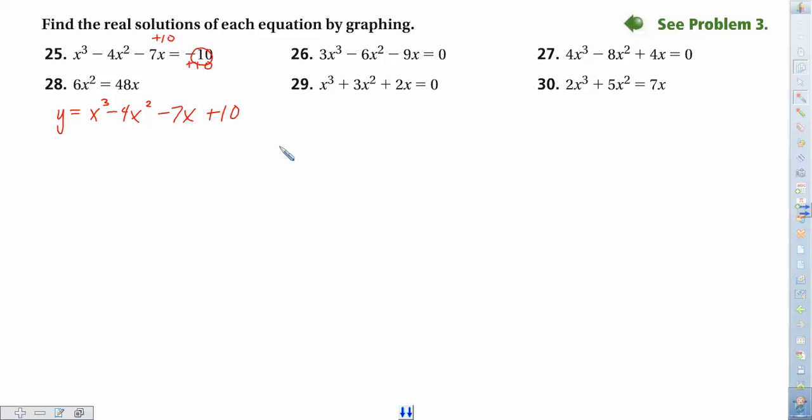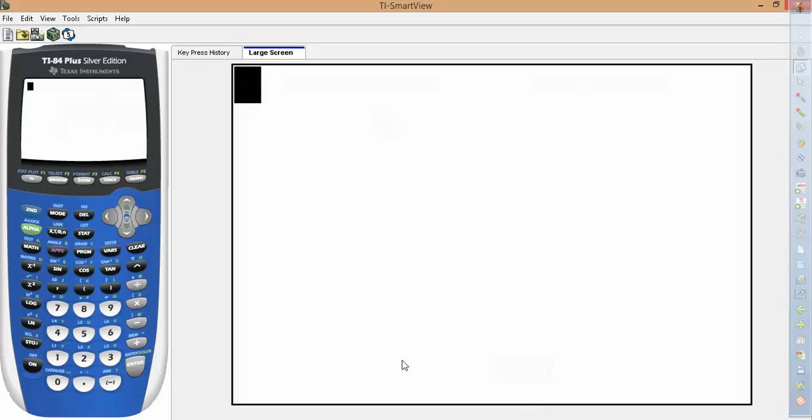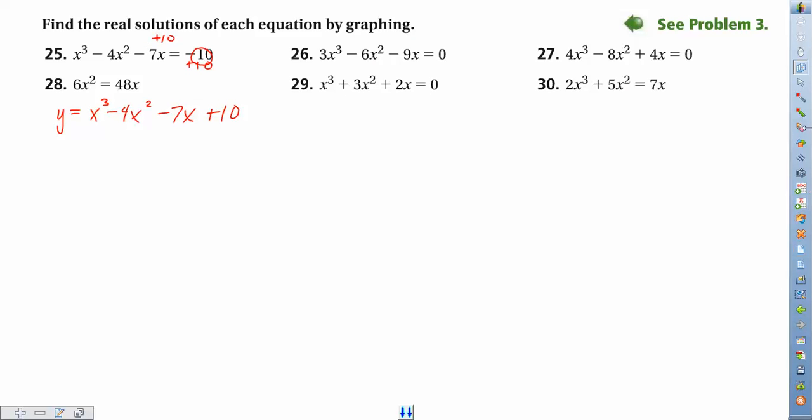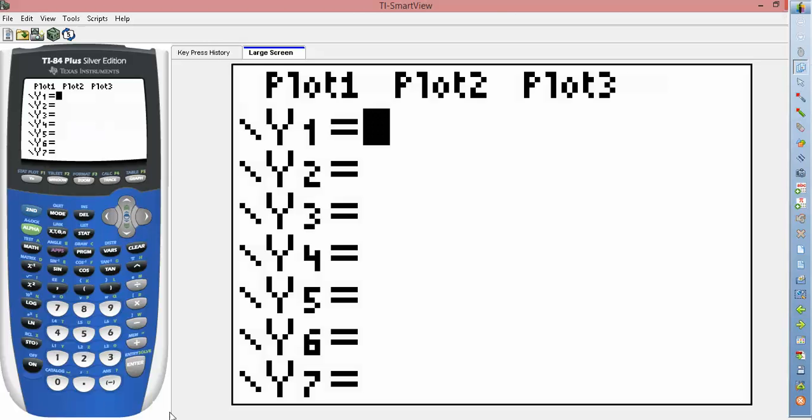Okay? So then our next move is to turn to the graphing calculator. Once you turn that calculator on, the first button that you want to press when you want to type functions into the graphing calculator is the Y equals button. The first term would be x to the third, right? Let me just double check. Yep, x to the third and then minus 4x squared. So let's type in x. The x button is right here to the right of the alpha button.